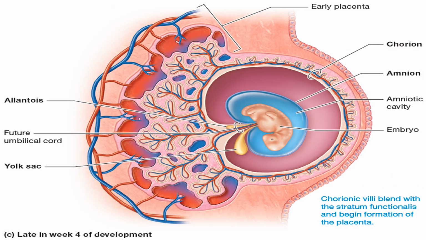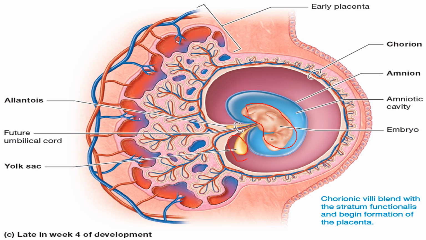Then by late in week 4, you see the embryo has really begun to differentiate and become a sort of almost recognizable shape. The allantois elongates further, and you see the vascularization from the allantois and from the umbilicus to this early placenta has really evolved.